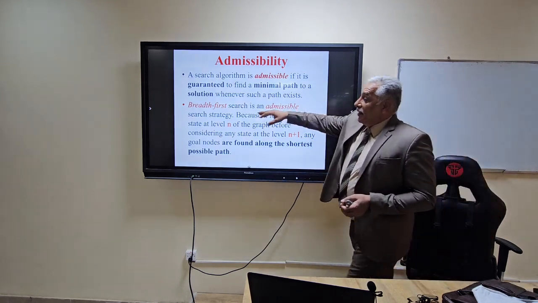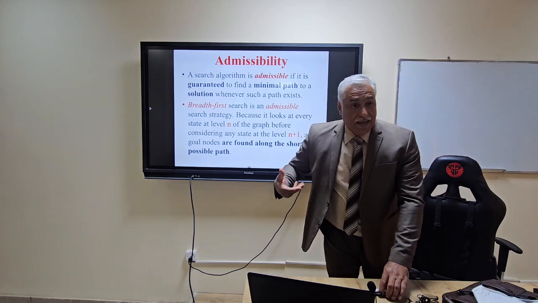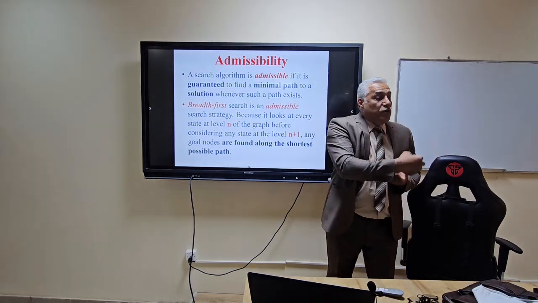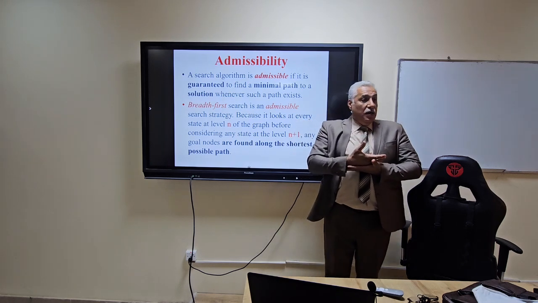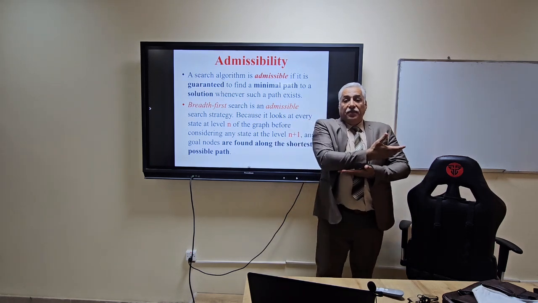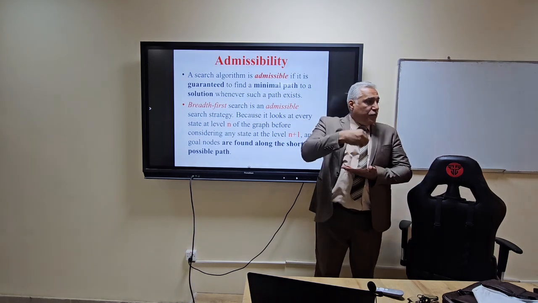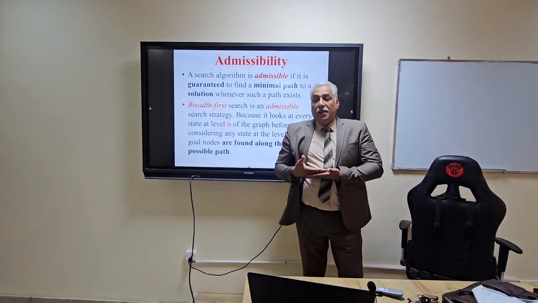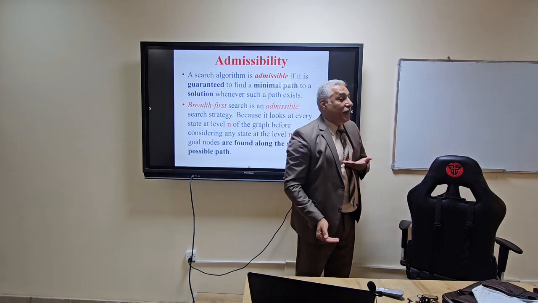Breadth-first visits each node in a level. For example, I am now looking at level n, and I will look at each node in level n before I go to level n plus 1.